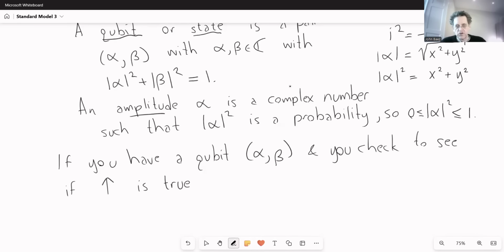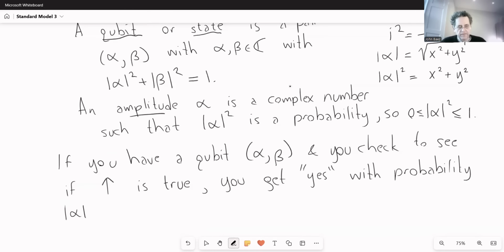So if you have a qubit and you check to see if up is true, you get the answer yes, it is true, with a certain probability, and that probability is the absolute value of alpha squared.